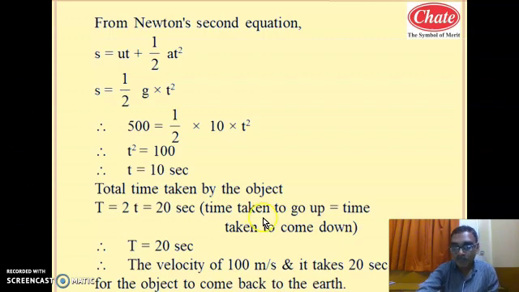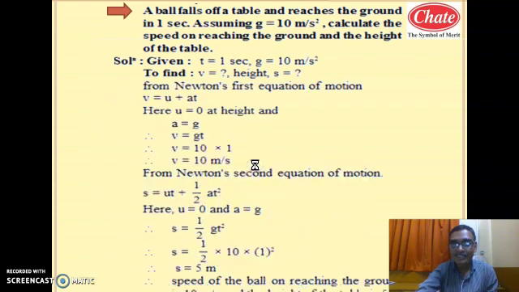In upward motion, the velocity reduces to 0 at the highest point, and in downward motion the velocity changes from 0 to the highest velocity. Hence capital T is 20 seconds. We write the answer in words: the initial velocity is 100 meter per second and it takes 20 seconds to come back on the earth or come back on the planet surface.